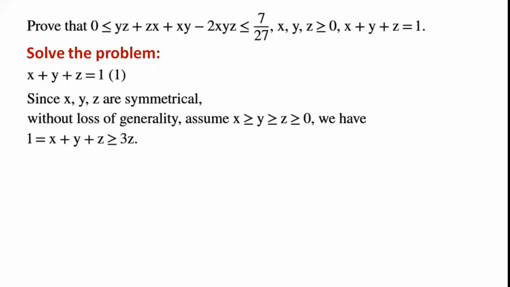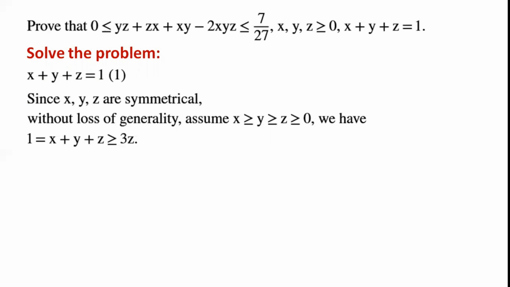Since x, y, z are symmetrical, without loss of generality, assume x is greater than or equal to y is greater than or equal to z is greater than or equal to 0.